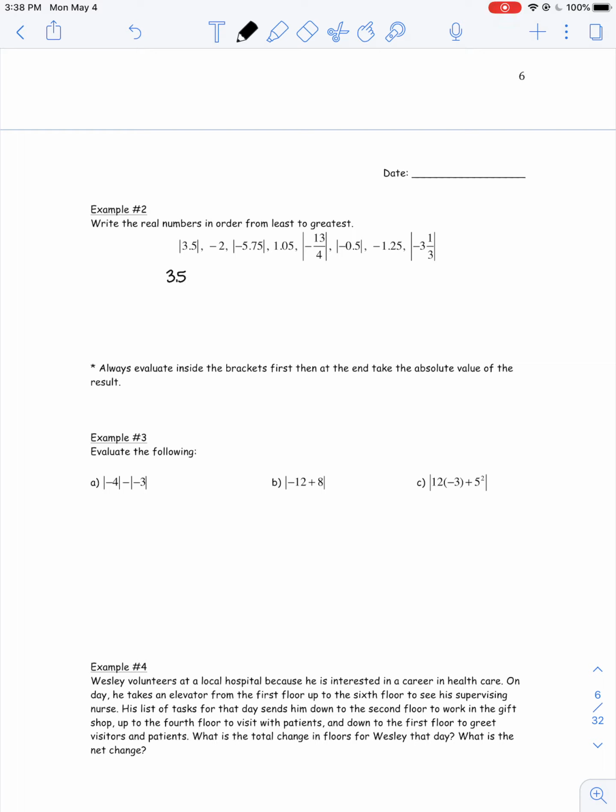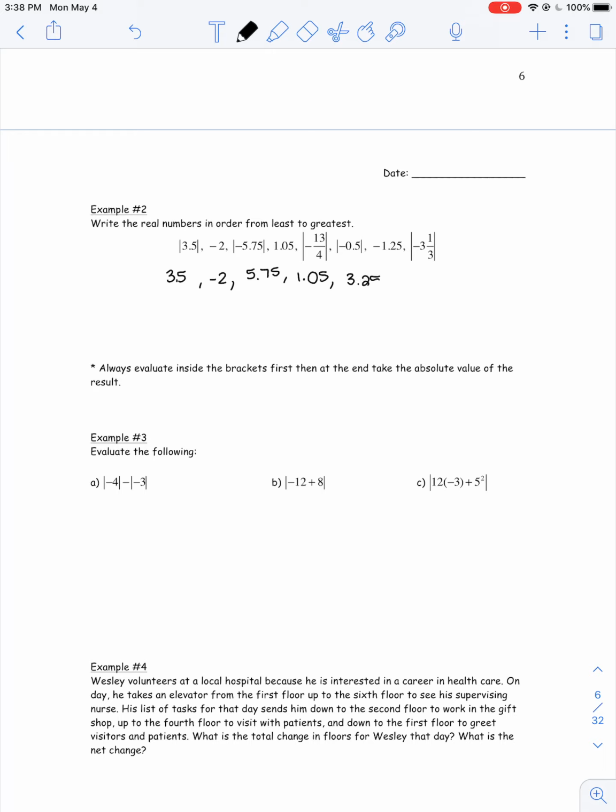Example number 2, we want to order these from least to greatest. We start with 3.5, which stays 3.5, since absolute doesn't change a positive. -2 is not in an absolute, so it stays as -2. Then the absolute of -5.75 becomes +5.75. 1.05 stays as it is because there are no absolutes.